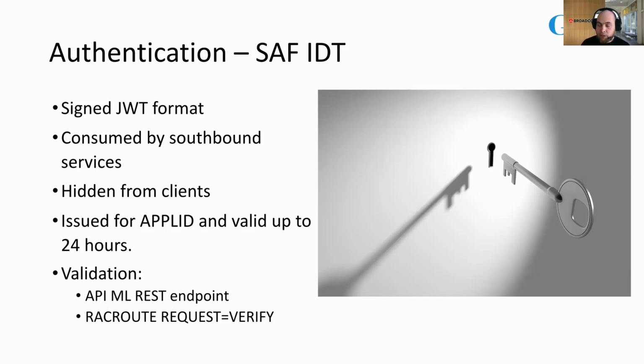It's issued for a specific application ID, or a list of application IDs, and the validity is up to 24 hours as of the current implementation. API Mediation Layer can validate these tokens as well as issue these tokens for the specific service. So if your mainframe service understands the SAF IDT, that's what it can get.